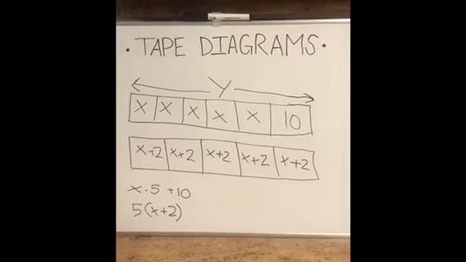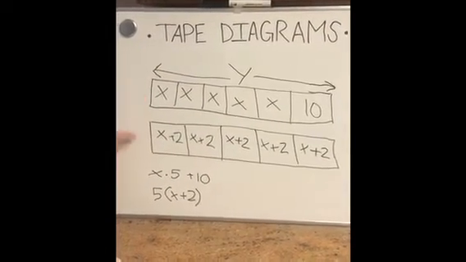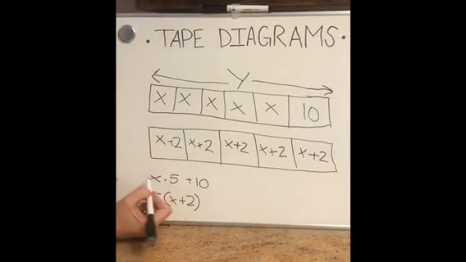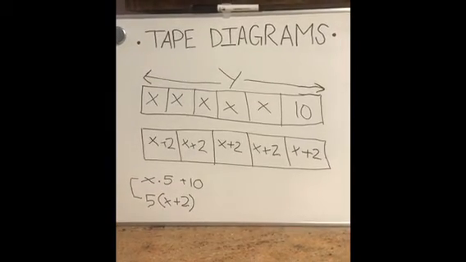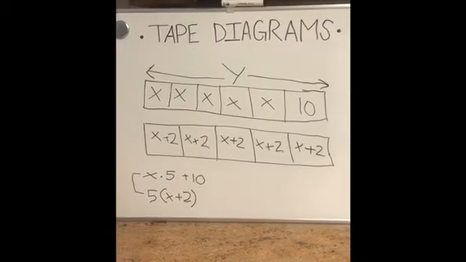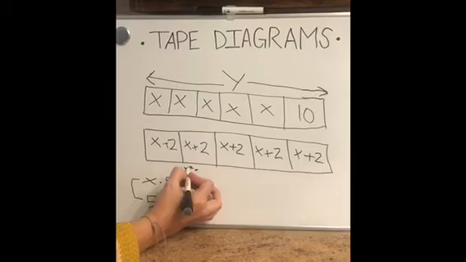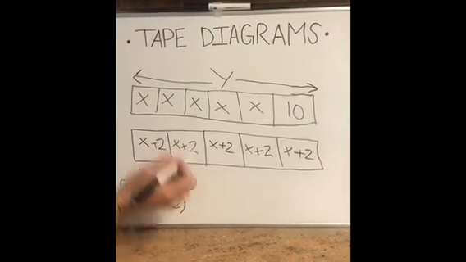Now, if I wanted to plug in any number for x in both of these equations, it will always equal y because these equations are equivalent. So let's try it. If I tried any number, I'm going to do 2. So say x equals 2, right?